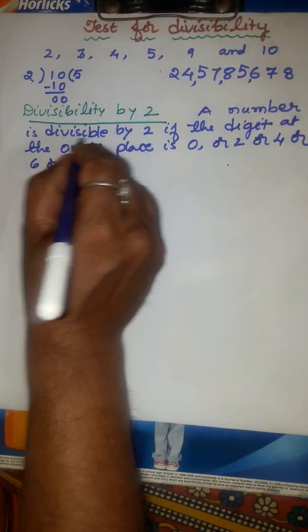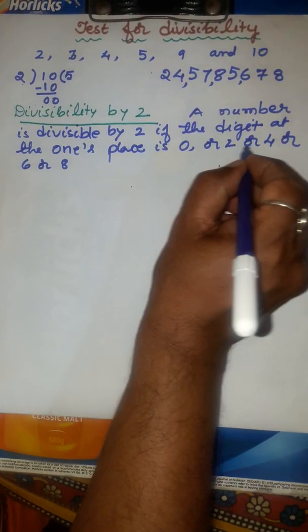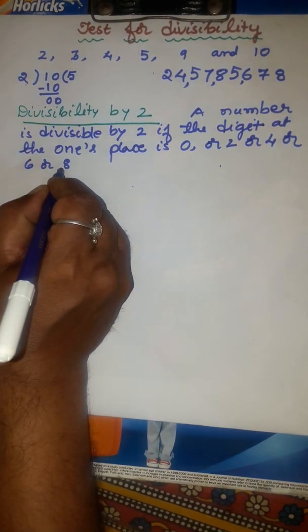So a number is divisible by 2 if the digit at the ones or unit place is 0 or 2 or 4 or 6 or 8.